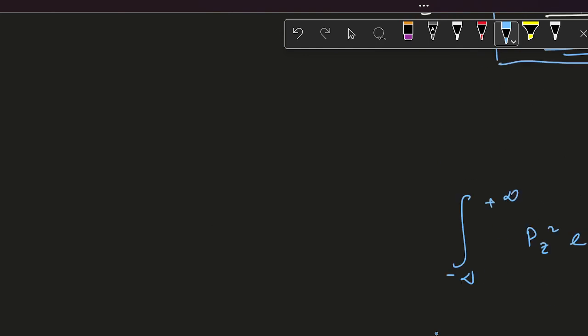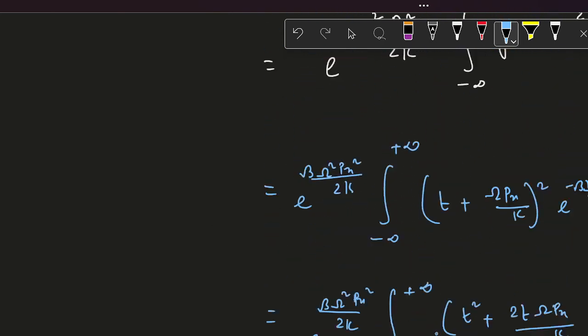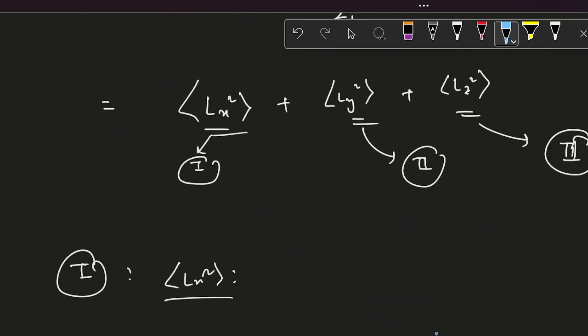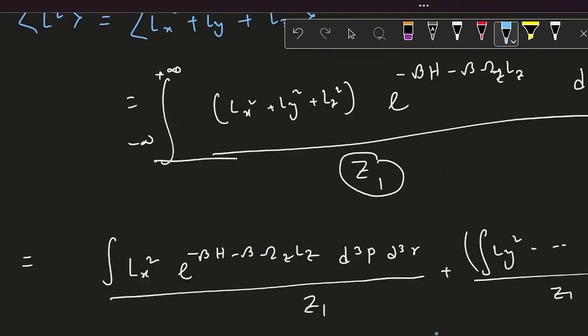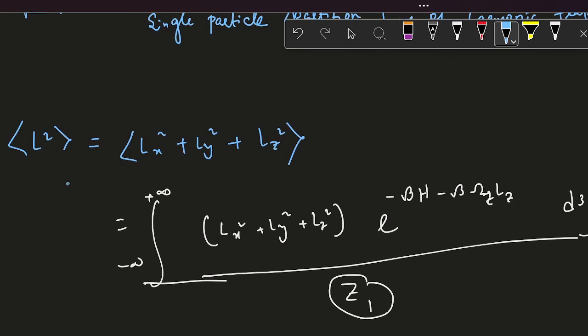There should also be an h cube in the numerator integration, just like I put an h cube in the z1 integral. Similarly, when you are taking the statistical average and then taking the integral, like here the average of L square, then not only this will suffice, but there will be a phase space integral, right? So you have to take a 1 by h cube also here.